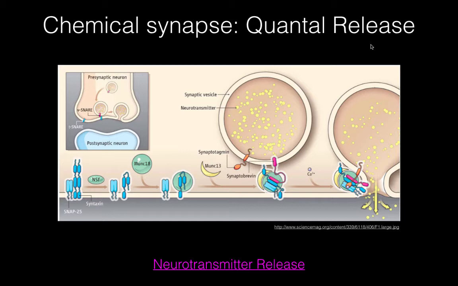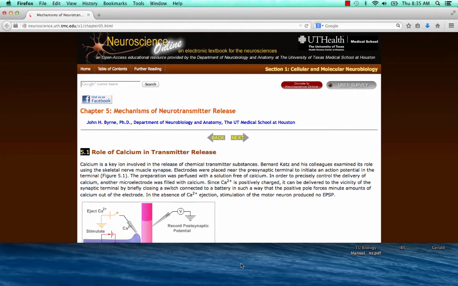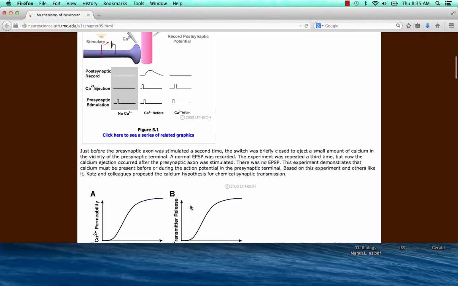Every vesicle contains some quantum, some discrete quantity of neurotransmitter molecules that can be and will be released upon appropriate stimulation. Let's go to a quick animation video depicting neurotransmitter release.